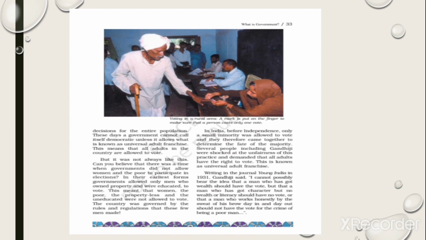Now there is a journal written in 1931 by Gandhiji, named Young India. In it he tried to make people understand why we judge persons on the basis of education or money, especially wealth or illiteracy.